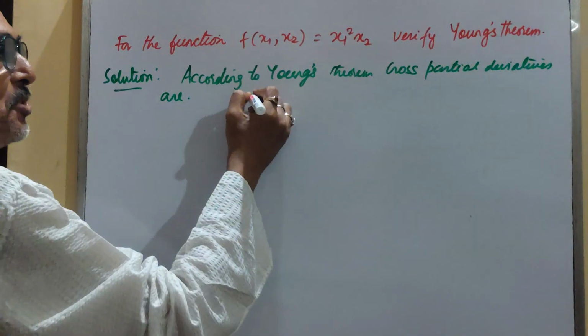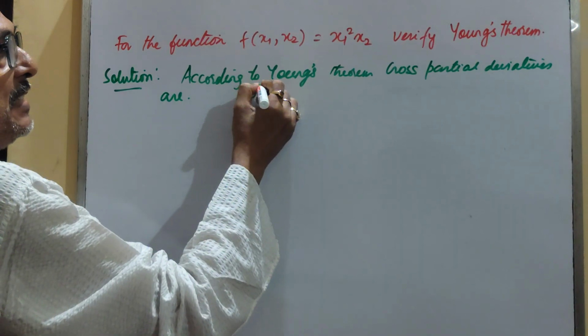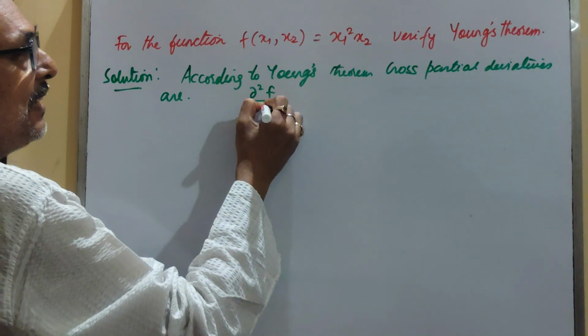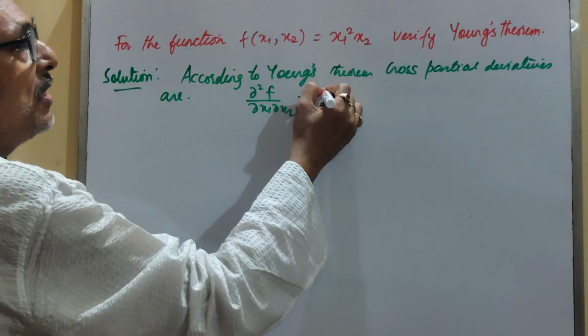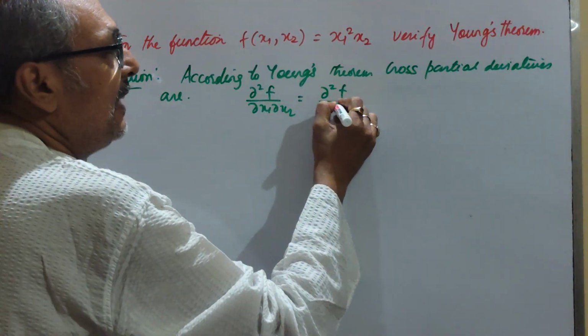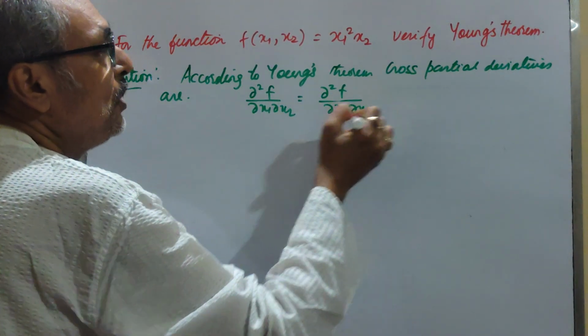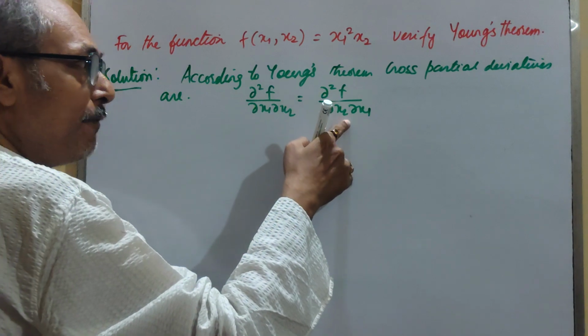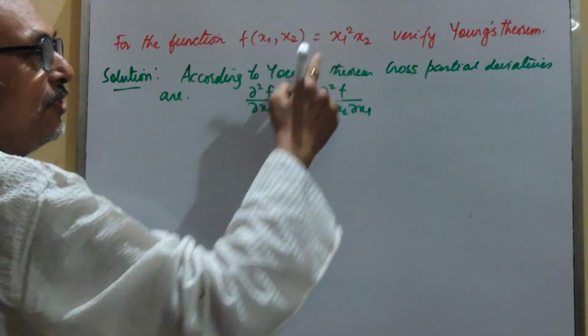What does it mean? It means that del 2f by del x1 x2 equals del 2f by del x2 x1. We have to verify this for this function.